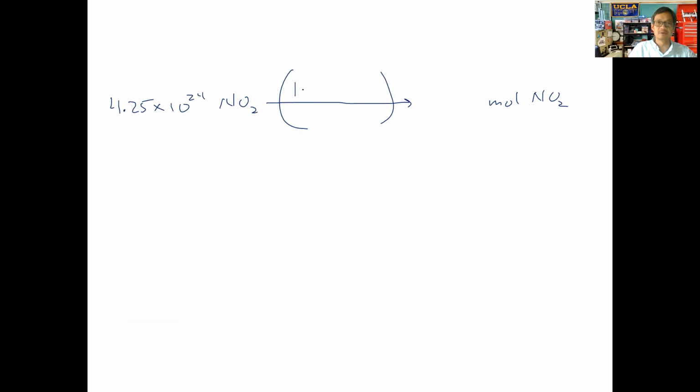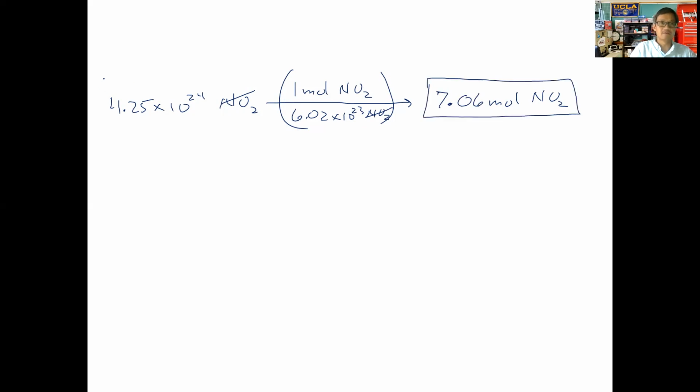Okay, so therefore it's going to be 1 mole of NO2. That's going to be equal to 6.02 times 10 to the 23rd NO2 particles. That cancels this out. We divide these two, and again, make sure you can use your calculator to do this. We end up with a value of 7.06 moles of NO2.